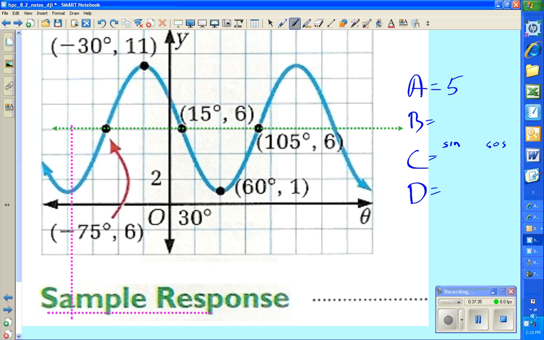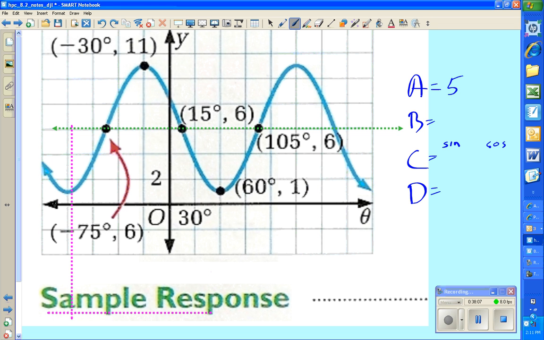How about another one? We have 2 more that you should be able to find straight away without much thinking. How did you get 60? 360 over... B does equal 2.